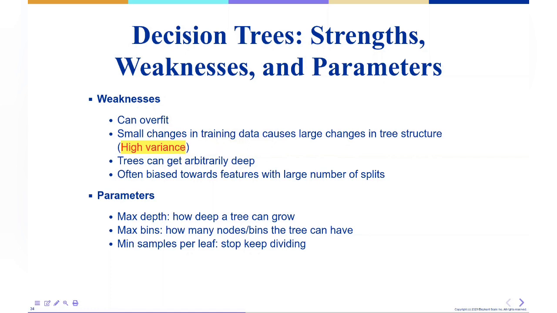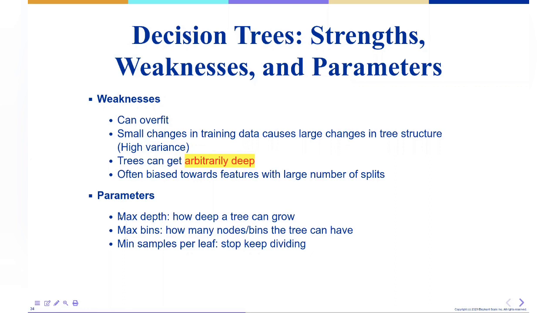Sometimes you'll hear people say trees are volatile or unstable. Basically, they're sensitive to input data, meaning they exhibit high variance. Sometimes trees can also get very deep on one side, so you can get unbalanced trees. These things can happen, and we'll look at it when we do the labs.